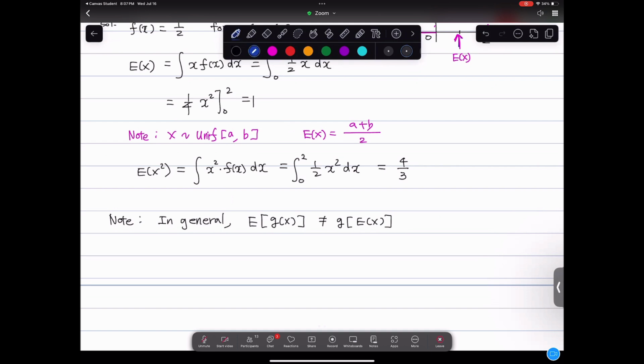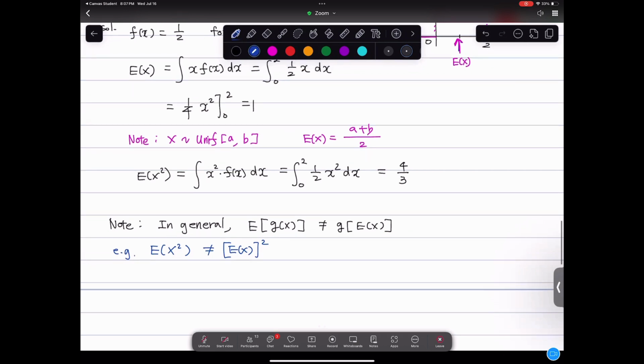So what does that mean? The expected value of x squared is not the same as E of x quantity squared. They're not the same. So let's be clear.